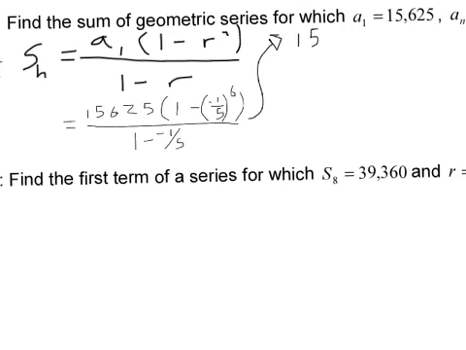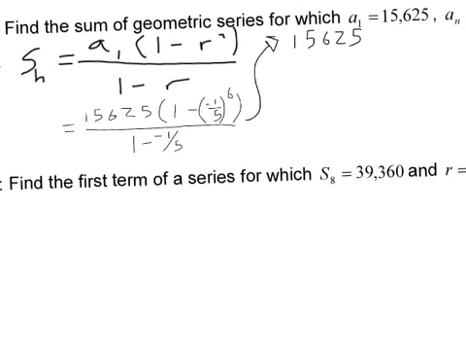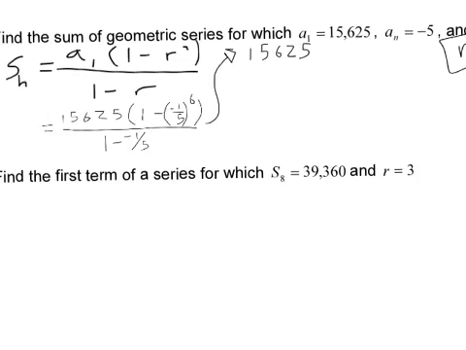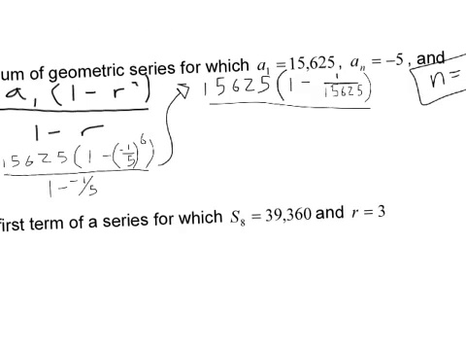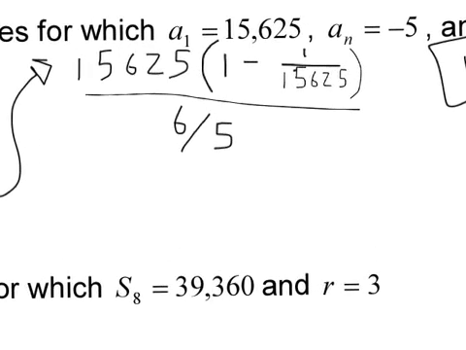We got 15625 times 1 minus negative 1/5 to the 6th power. Well, it's 15625. And then this is 1 minus 1/5. Well, we could write this 1 here as 5/5. And this is going to turn into a double negative, it turns to a positive. So this is really like 6/5 down here. Okay, let's keep going.